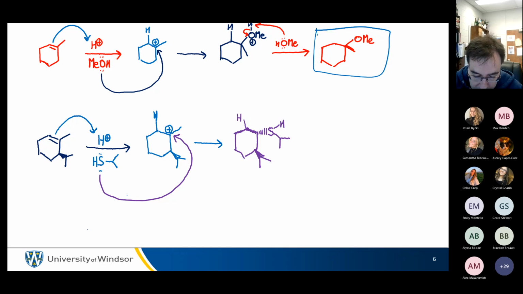What does that mean for the methyl group at that carbon? Like this methyl group. What's the stereochemistry of that? Gonna have to be top. Exactly, right? Bottom's taken. So we kind of push it top-wise.